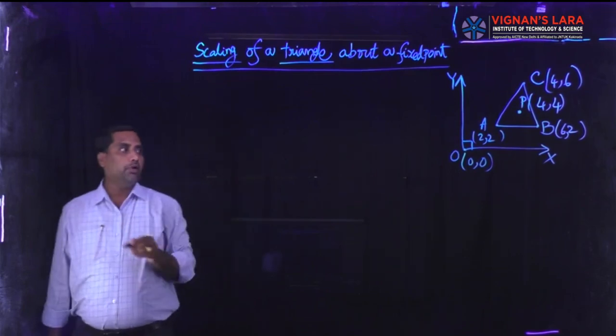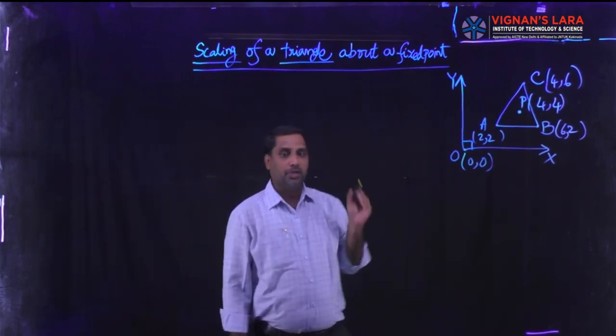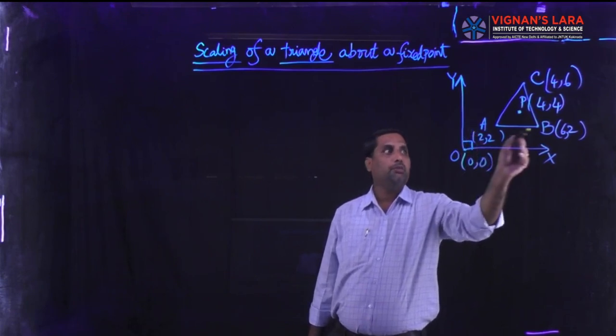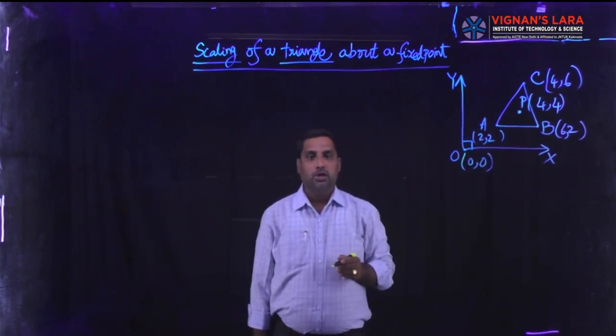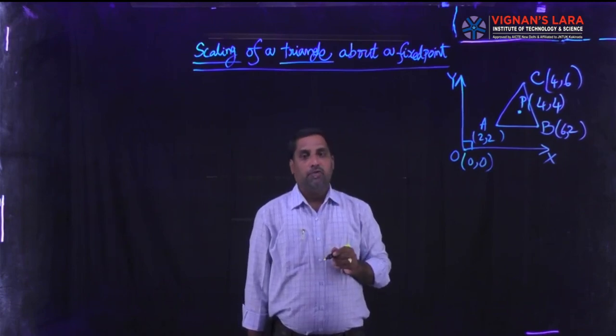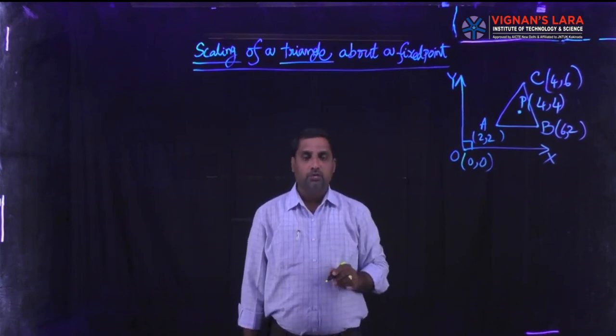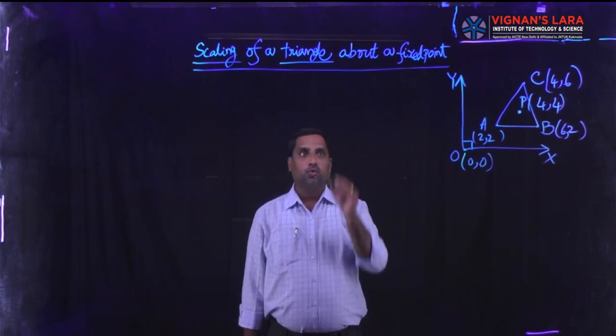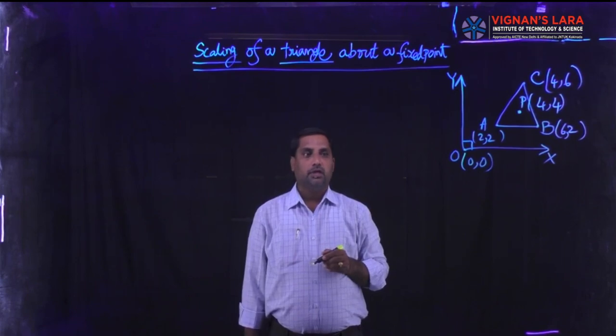Before going to step 1, I am telling you once again, we have to write the coordinates or vertices A, B, C in homogeneous form. For a triangle we need 3 columns. For a point we need only one column, x y 1, and for a straight line 2 columns: x1 y1 1, x2 y2 1.